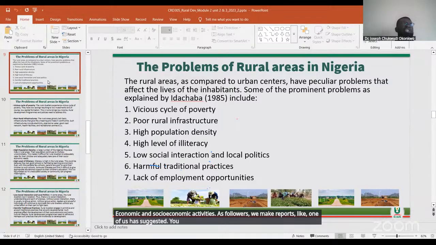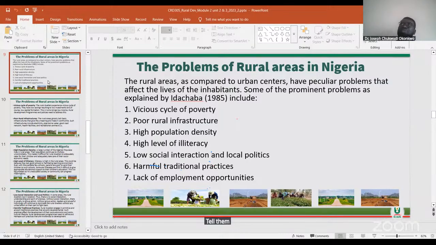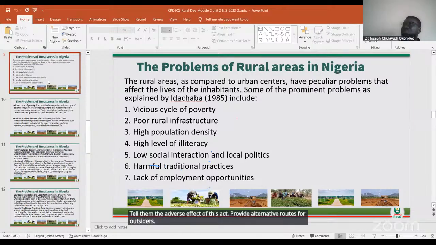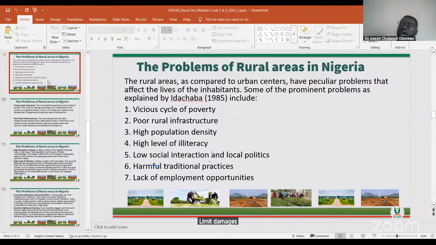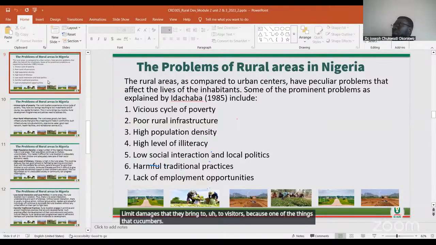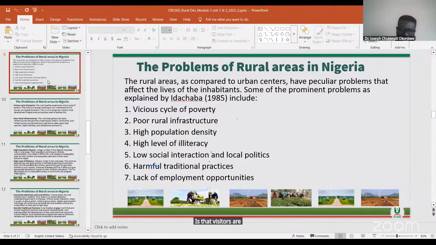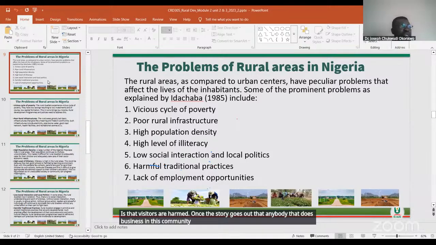You talk to your leaders, tell them the adverse effect of this act, provide an alternative route for outsiders, and limit the damage that they bring to visitors. Because one of the things that kill commerce is that visitors are harmed. Once the story goes out that anybody that does business in this community on so and so day, we have a problem.